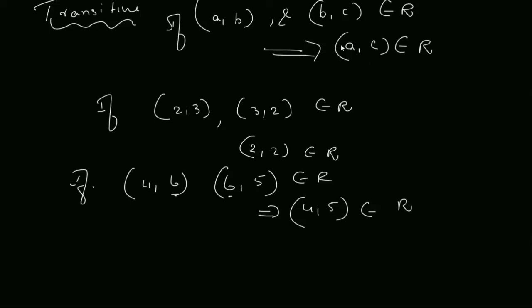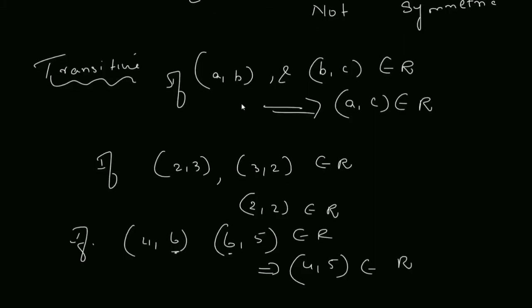If the condition is not there in the relation, then trivially it is taken as a transitive relation, because if the condition doesn't exist we cannot check for transitivity. That important concept you should know.